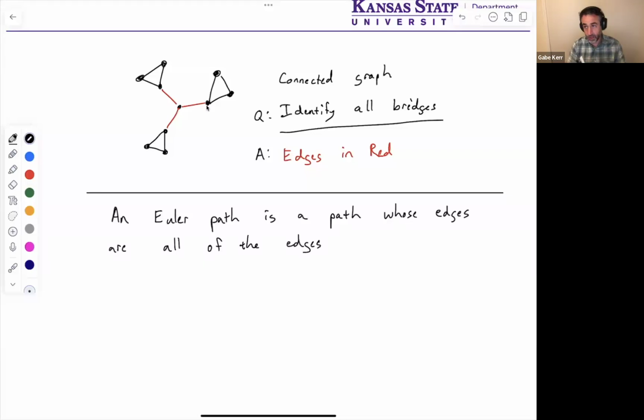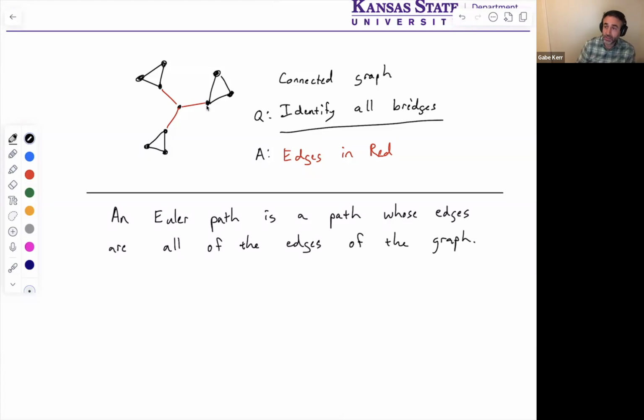So in other words, it's a path that when you complete the full path, you've hit every single edge. And the same notion, I won't write it down, applies for a circuit. It's a circuit in which every single edge of the graph is hit by the circuit.